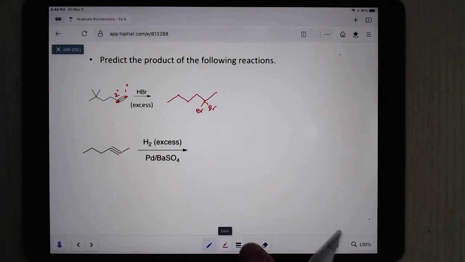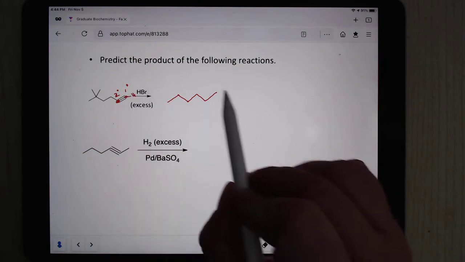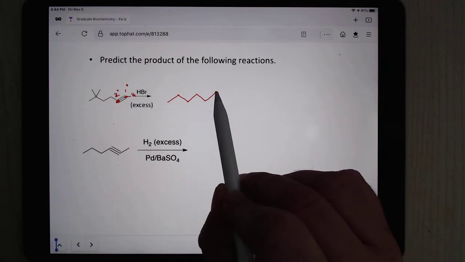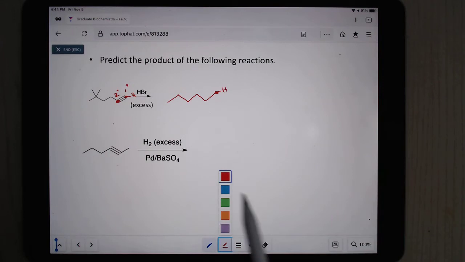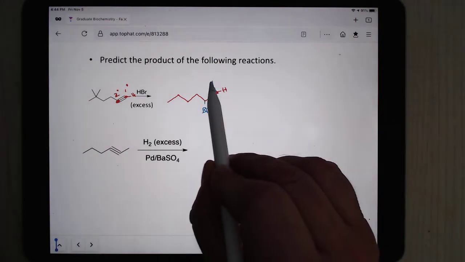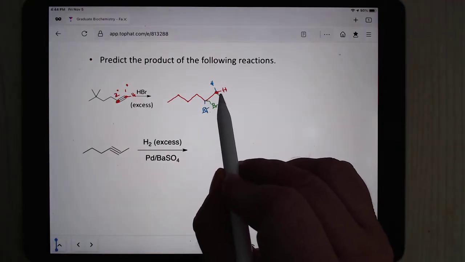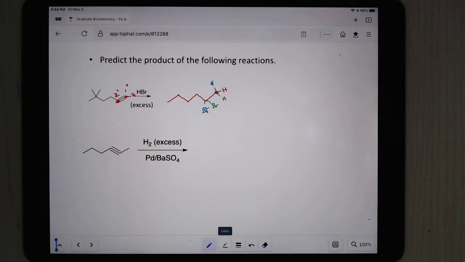Let me make this a little bit easier, because remember, there's a hydrogen here. It's already there. And so what we're going to do is add bromine here, hydrogen here, and then add another one because we're going to do it a second time, bromine, hydrogen there.